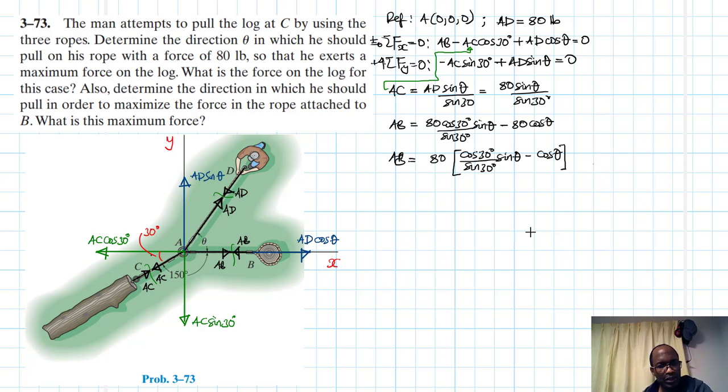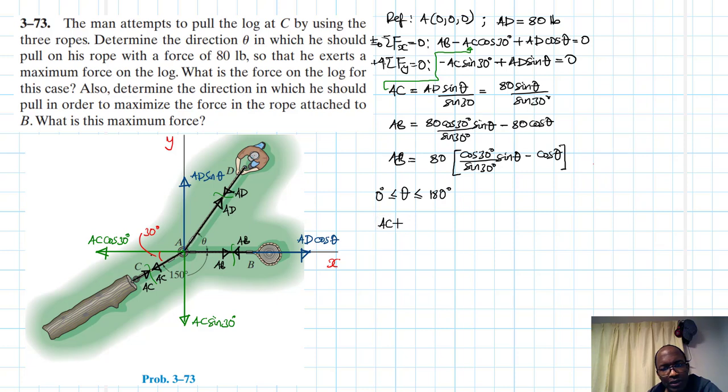Let's say our domain for theta is from 0 degrees to 180 degrees.